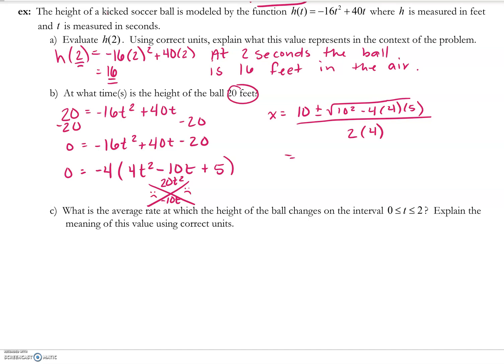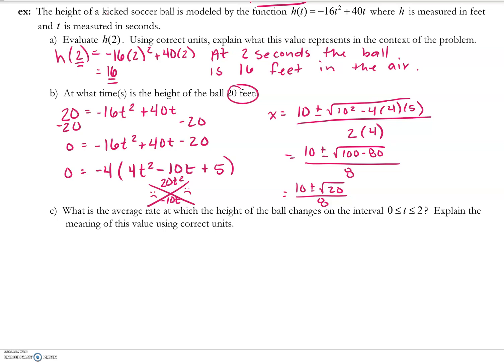I'll go through and simplify this. 10 plus or minus the square root of 10 squared is 100. 4 times 5 is 80. And 2 times 4 is 8. Then I'll get 10 plus or minus the square root of 20 all over 8.